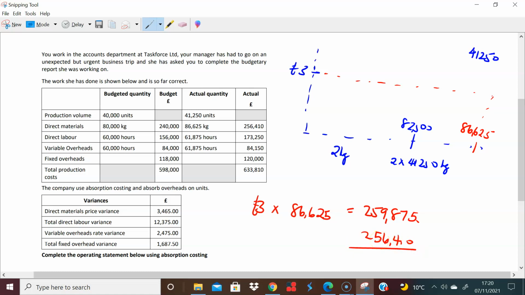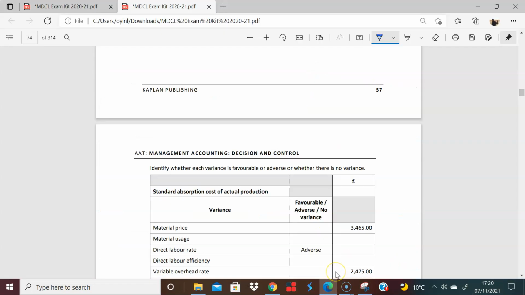When you subtract those two from each other, 259,875 minus 256,410, you get 3,465. So this is favorable. You spent less than you should have. So I'll go back to here and write it: favorable, because that's your price variance.